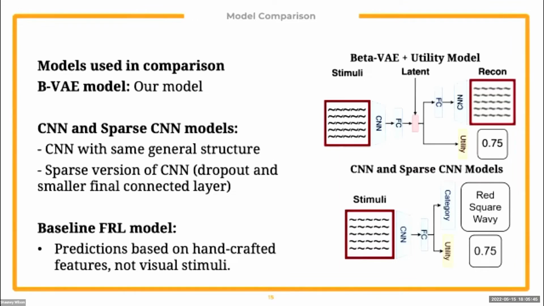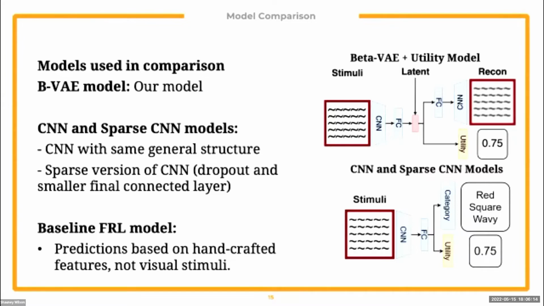To compare our proposed model against related methods, we use a similarly structured convolutional neural network that was trained to output the category of the stimuli, as well as the same utility outputs and the same utility weighted method. Additionally, we included a sparse version of this CNN that was trained with dropout, as well as a smaller final fully connected layer that's the input to the utility prediction submodule.